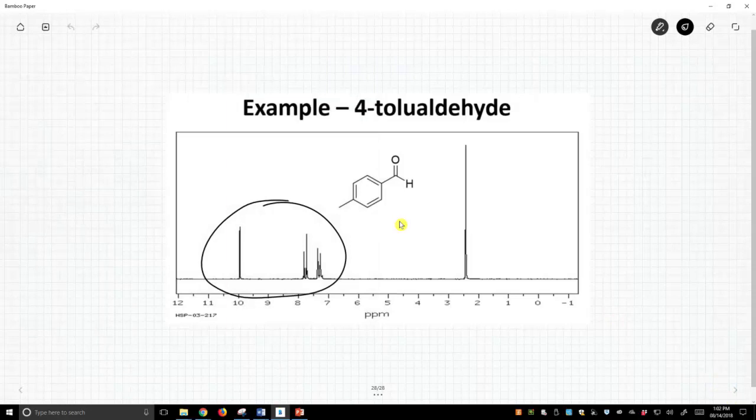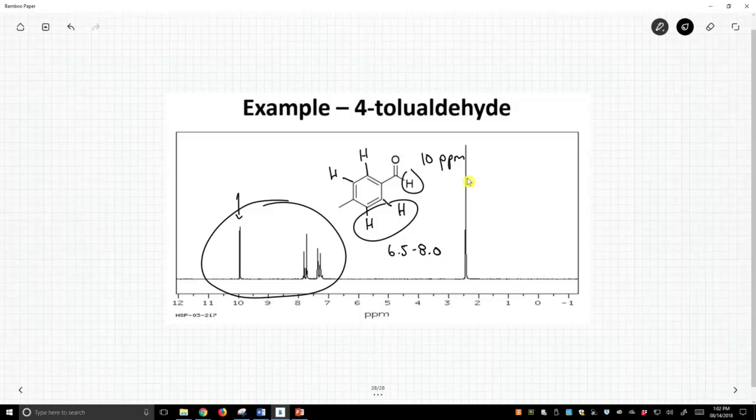Over here, we have our benzene ring with hydrogens. These show up more on the left. I said aldehydes normally show up at 10 ppm. Bam, right on the money, 10 ppm. These hydrogens on a benzene ring, we said between 6.5 and 8 ppm. It's exactly where they are in this 6.5 to 8 window.